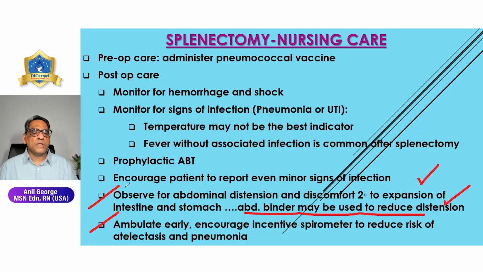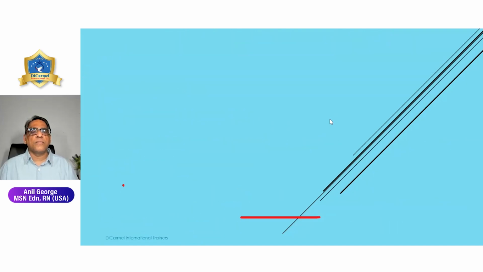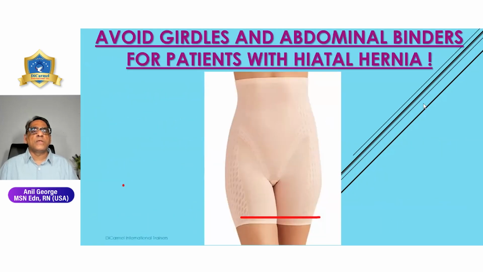Now, we heard about the use of an abdominal binder, and I want to say something about it here. Avoid girdles and abdominal binders for patients with a hiatal hernia. It's very classic information you have probably encountered as well. So for patients with a hiatal hernia, avoid the abdominal binder.